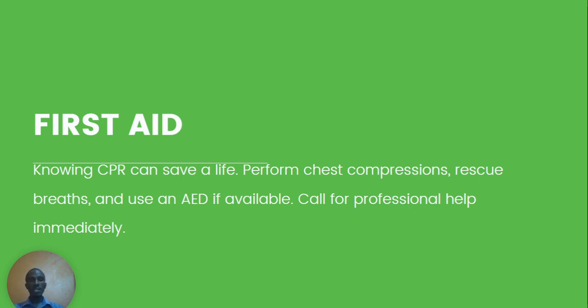But in most cases in developing countries, they are not readily available. But if it is available, then you can use it, the automated external defibrillator. But if it is not available, then you do your chest compression, 30 compressions at a rate of 100 compressions in 1 minute. You give those 30 compressions and do rescue breaths until help arrives or until the person begins to get better.